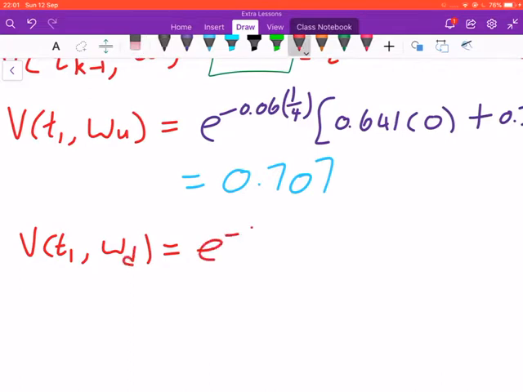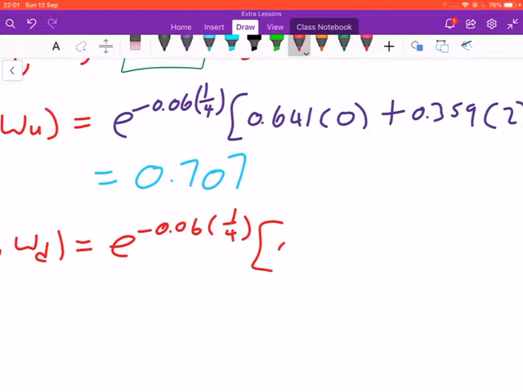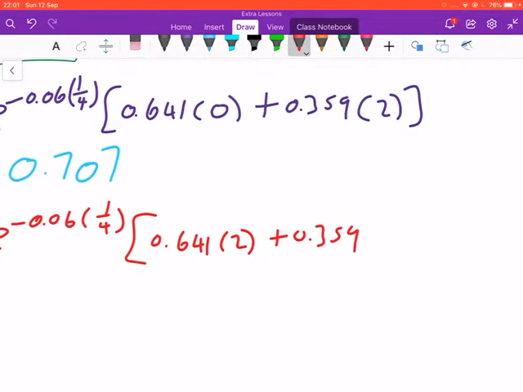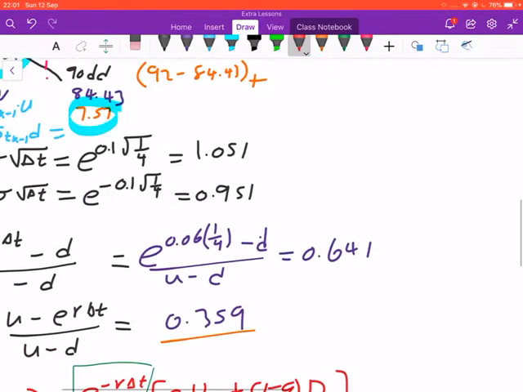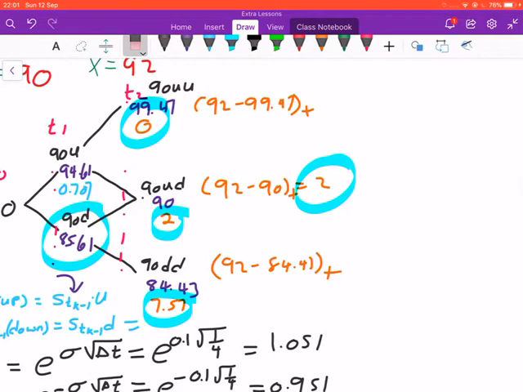You will have e discounted back to present, multiplied by the period, and you will have 0.641 times 2 plus 0.359 times 7.57, and your answer is going to be 3.94.